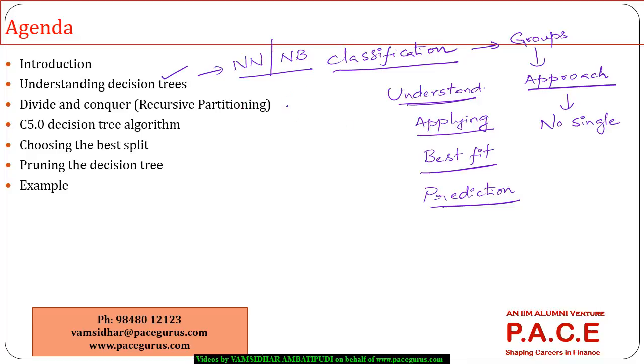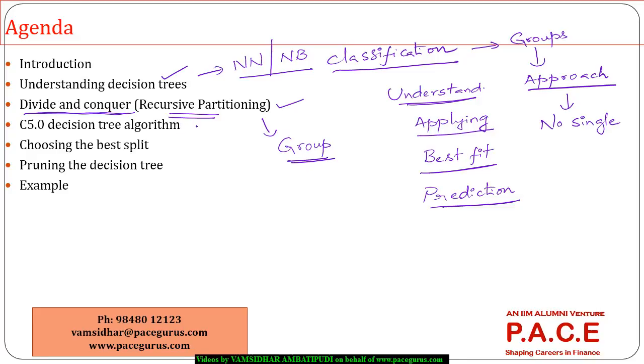Now, just to have a good understanding, decision trees do the classification of the data based on a mechanism called divide and conquer. Otherwise, we also call it recursive partitioning. So we will be understanding what this mechanism is all about. It is dividing the whole data into different groups, and based on that assigning the group membership to each of the records.